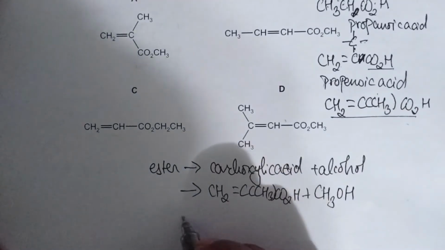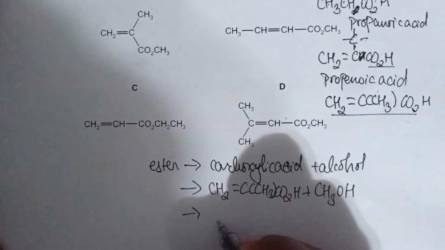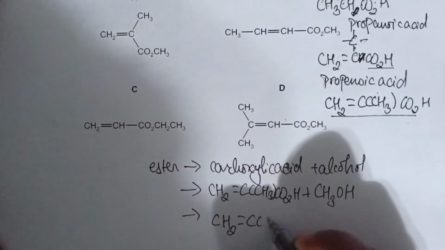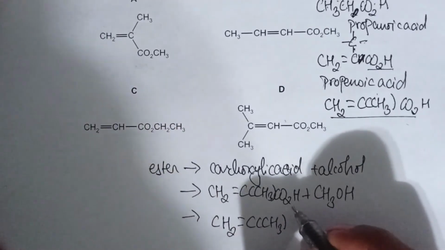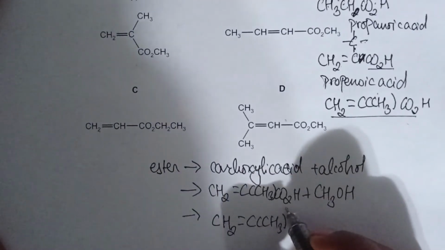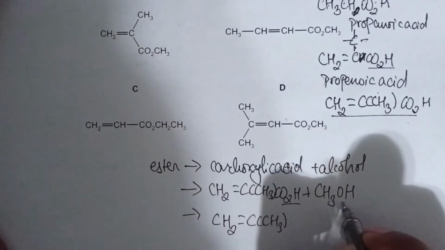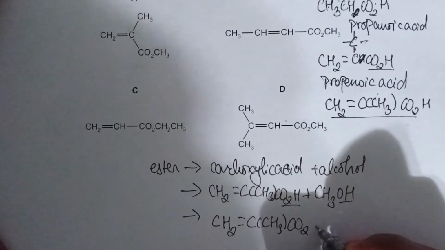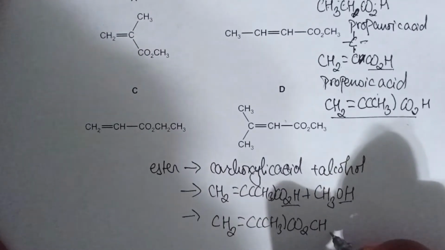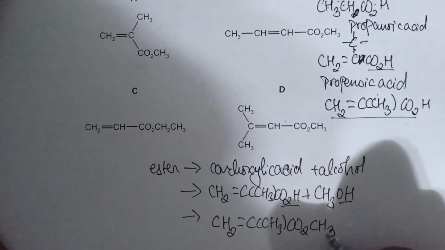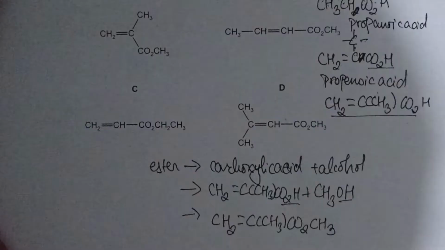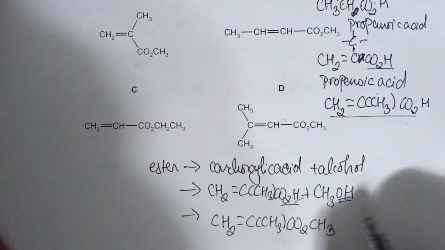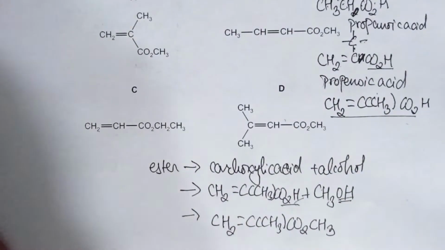Adding these two, we get a structure similar to this: CH2=C(CH3), which stays the same, then CO2 and finally CH3, because we remove hydrogen from the carboxylic acid and OH from the alcohol, producing the byproduct water.